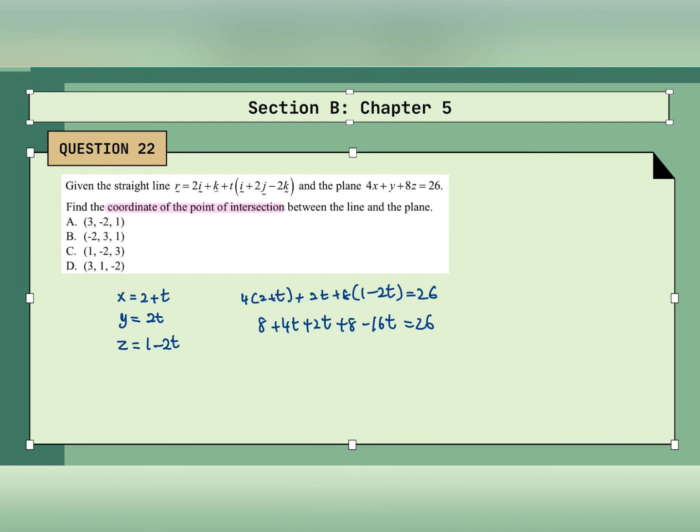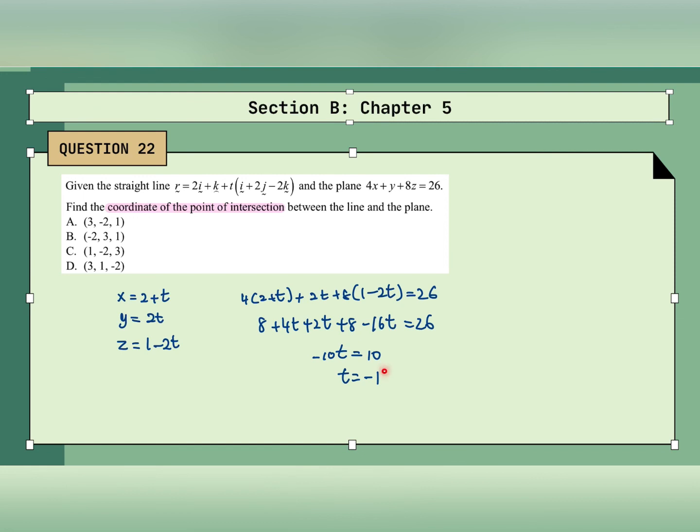So here 4 tambah 2, 6. Tolakkan dengan 16. So dapat negative 10T equals to 8 tambah 8, 16. 16 kita pindahkan sana. 26 tolak 16 adalah 10. And your T is equals to negative 1.